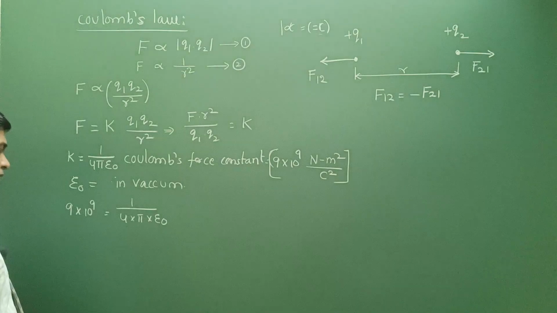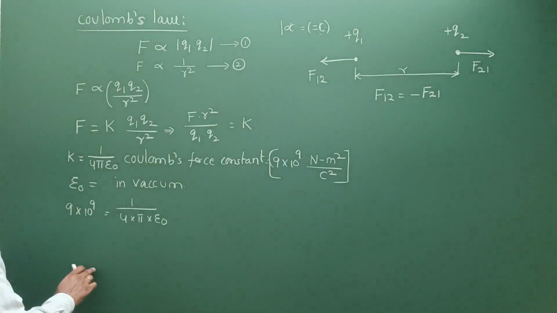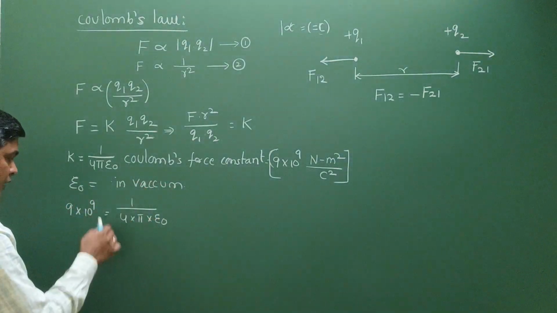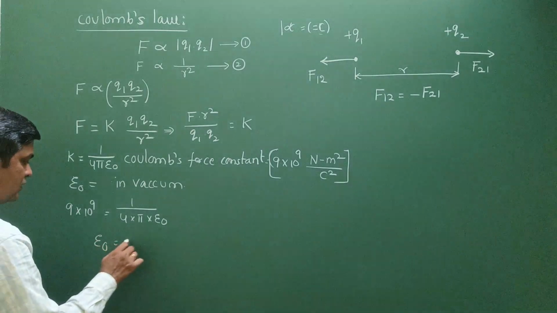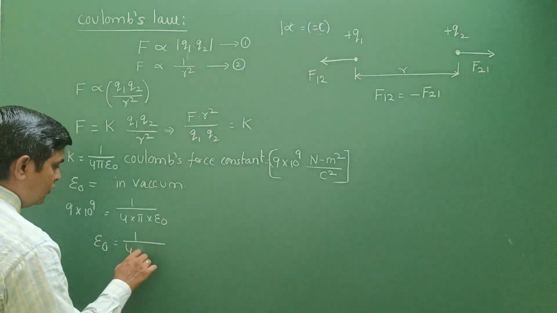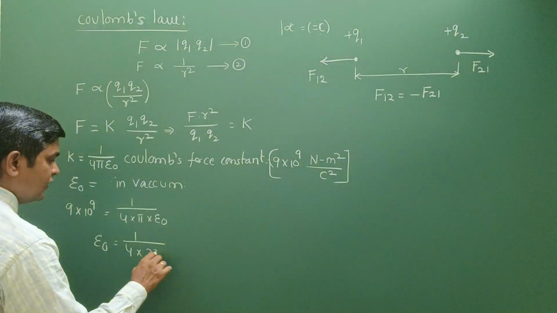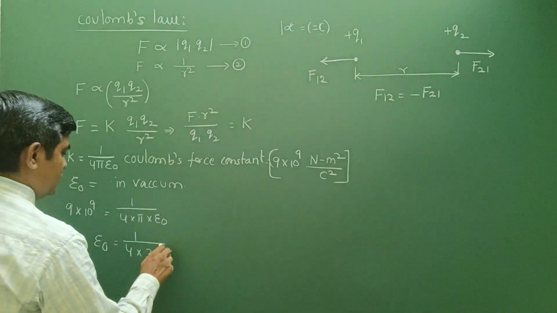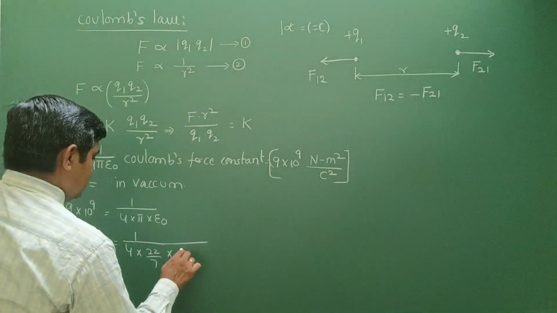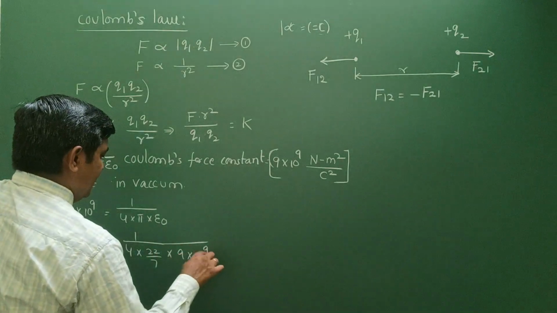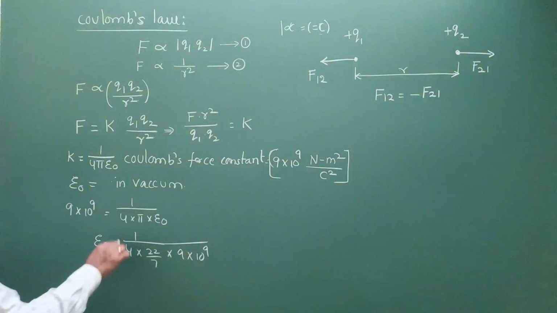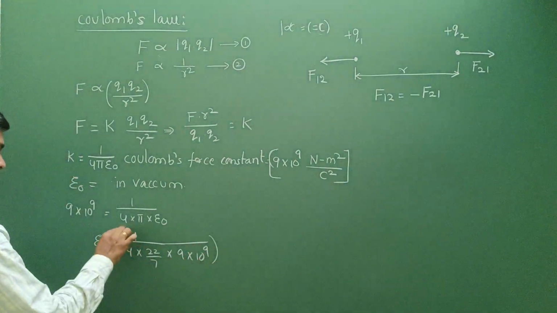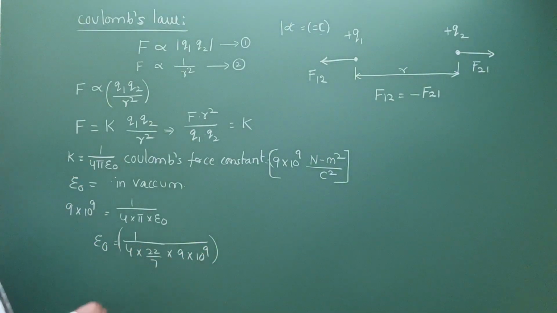So epsilon naught equals 1 by 4 into pi, with value 22 by 7 or 3.14, into 9 into 10 to the power of 9. Whatever value comes when you do this is the electric permittivity.